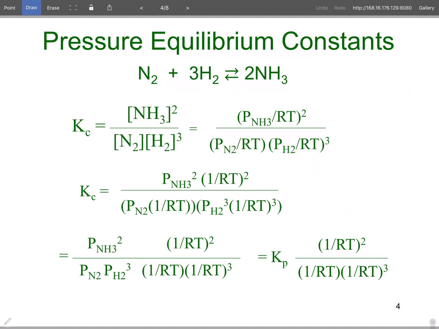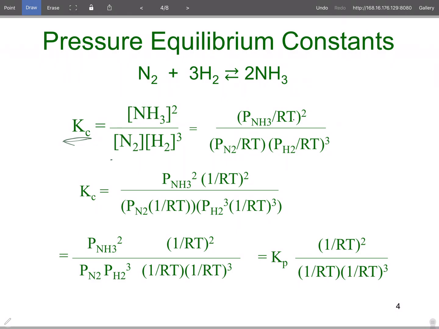So let me walk you through. Don't freak out. You don't have to reproduce this. I just need you to follow it. If we start here with our Kc, and we convert the concentrations, we know the concentrations can be related to the pressure of each component divided by RT.